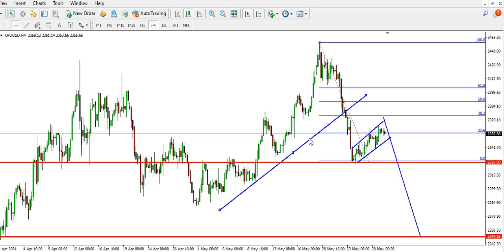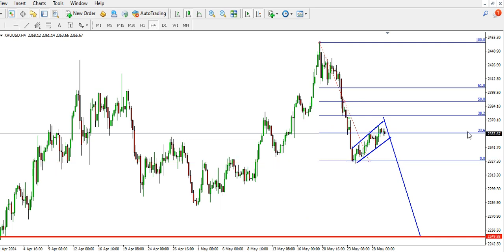If this works out as a bearish flag and price starts to drop, and we have this 23.6 Fibonacci area, the 2355 area, as a resistance area where price drops, price might likely drop to the 2250 level.